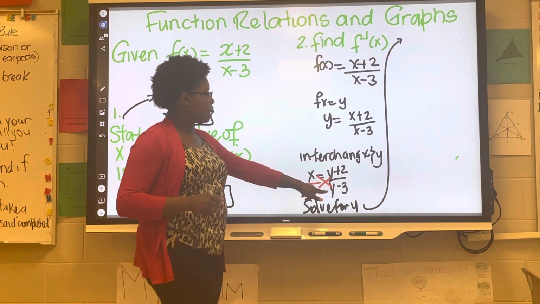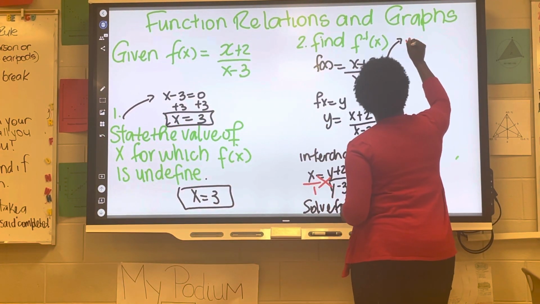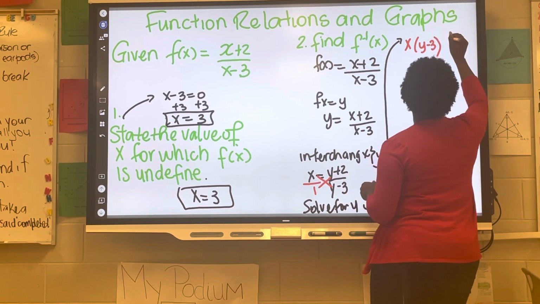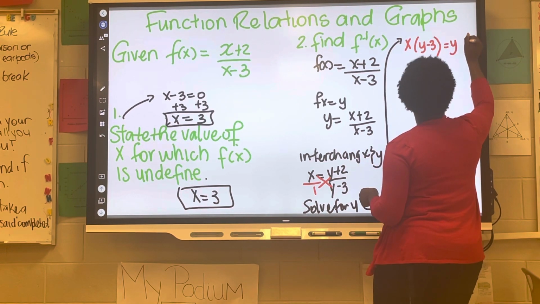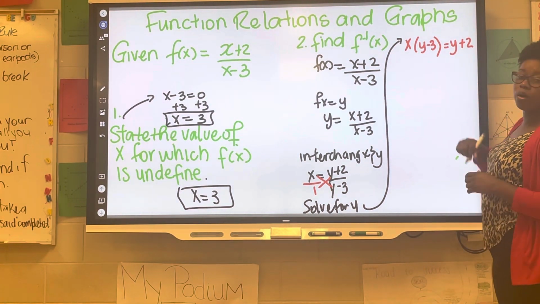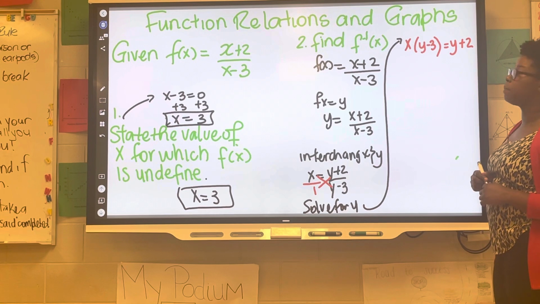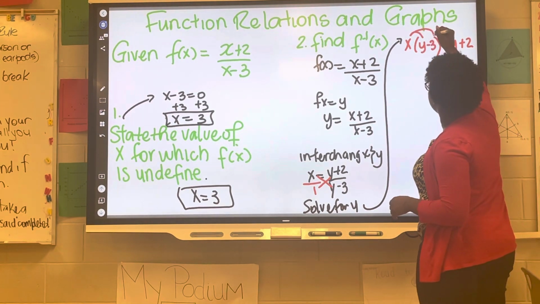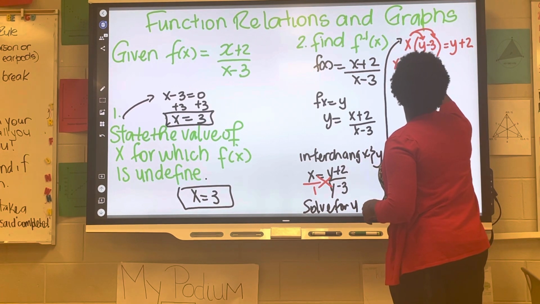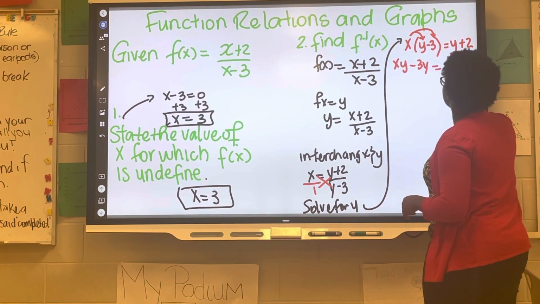It's going to be x times the denominator. So it's x times y minus 3, and 1 times y plus 2, which is just y plus 2. And from here, we're going to simplify by expanding the parentheses. So it's going to be xy minus 3y is equal to y plus 2.